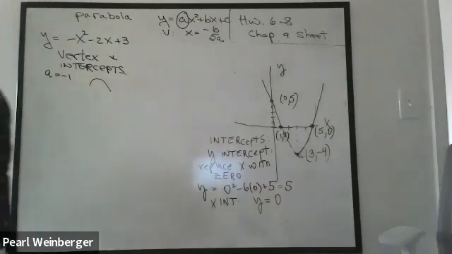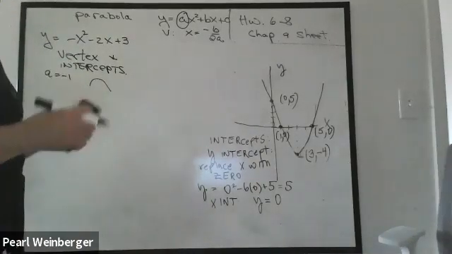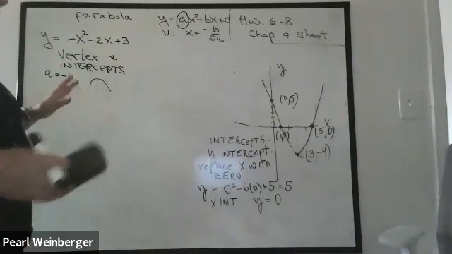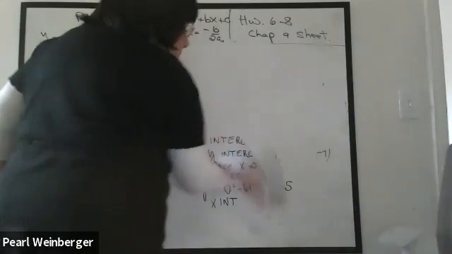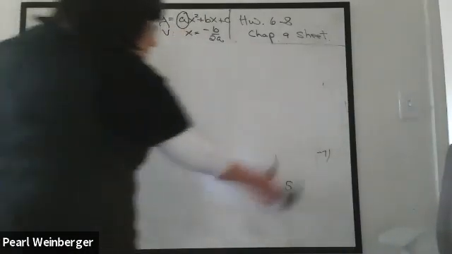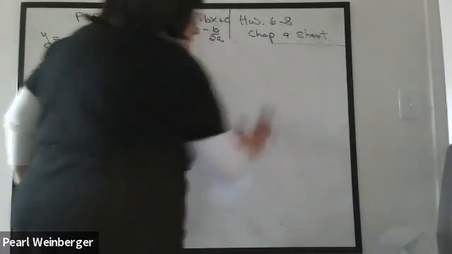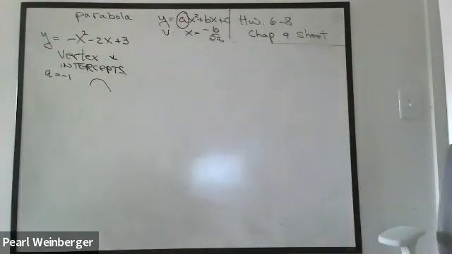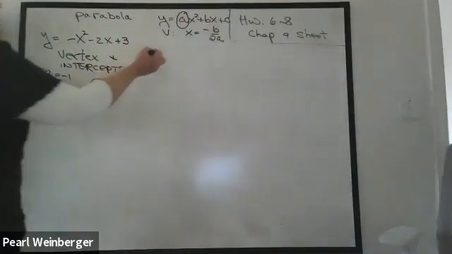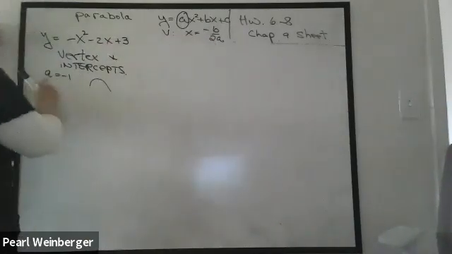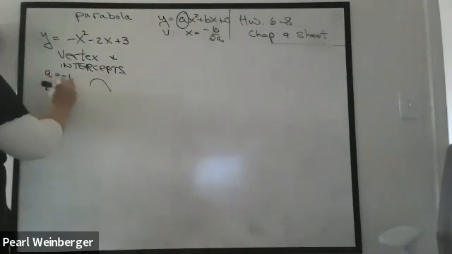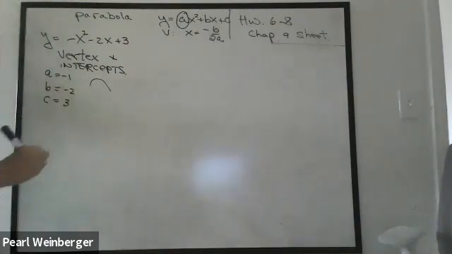The A is negative, means it's going to look like a frown. Also, to find the vertex, I'm going to do x equals negative b over 2a. Now I know my a is -1, my b is -2, and my c is 3.